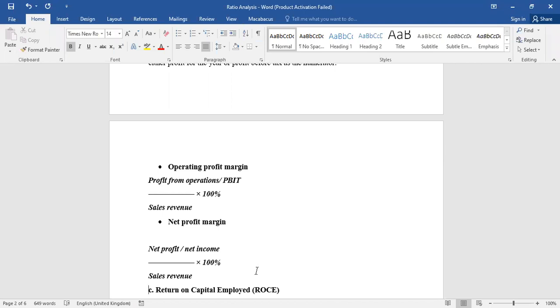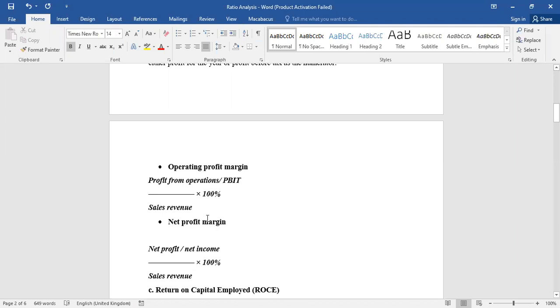Net profit margin looks at net profit, actually profit after tax. So they're two different. Whenever I say operating profit, they're saying profit before interest and tax over sales revenue times 100%. So we can go and apply that in our question and see.